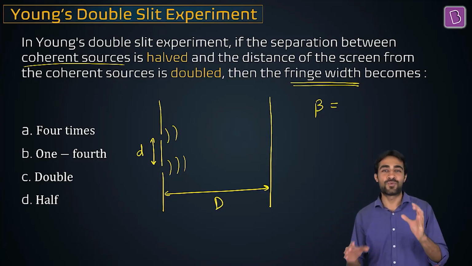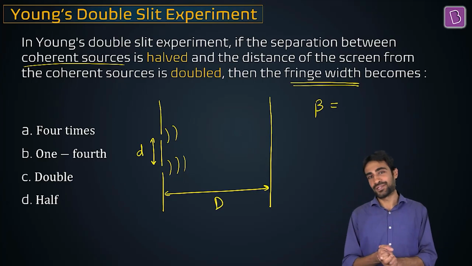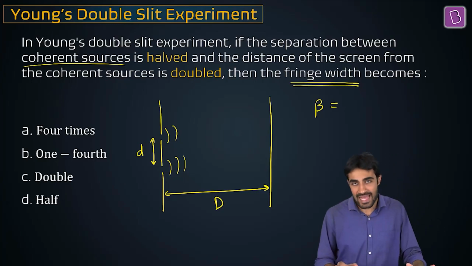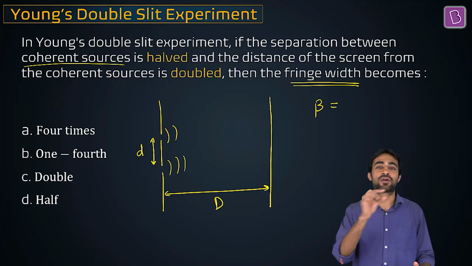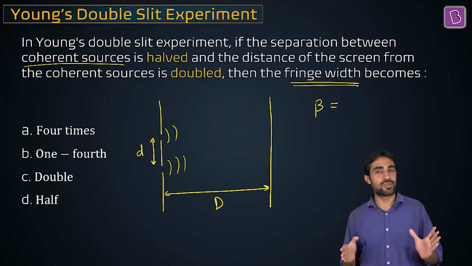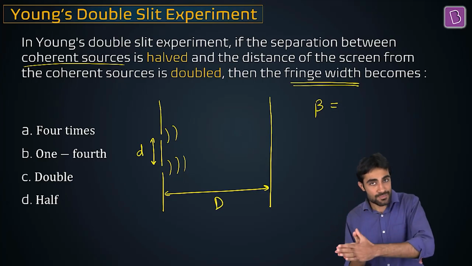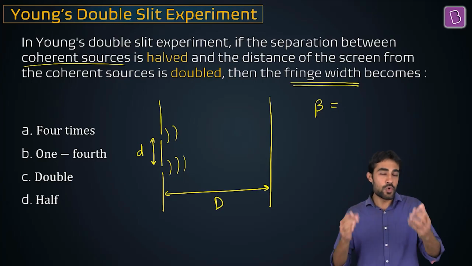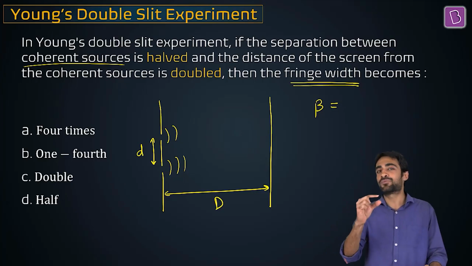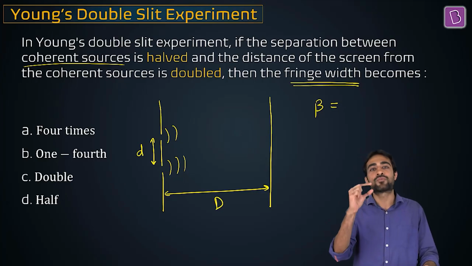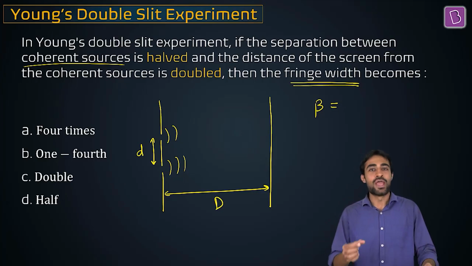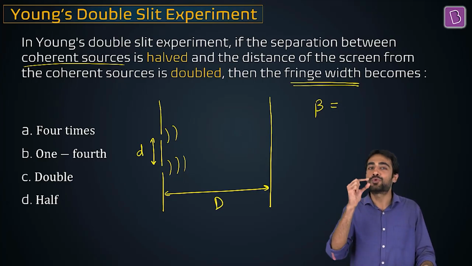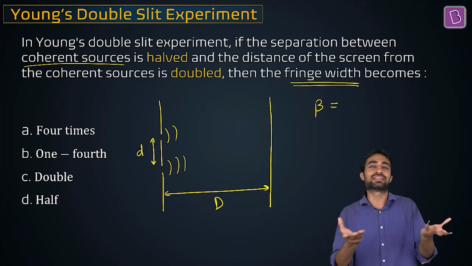Now what do we mean by fringe width? You can define fringe width as the separation between 2 consecutive dark fringes. As you can see on the screen, there will be many bright spots and many dark spots. So the separation between 2 consecutive dark fringes will give us beta. Or you can define it as the separation between 2 consecutive bright fringes, one and the same thing.